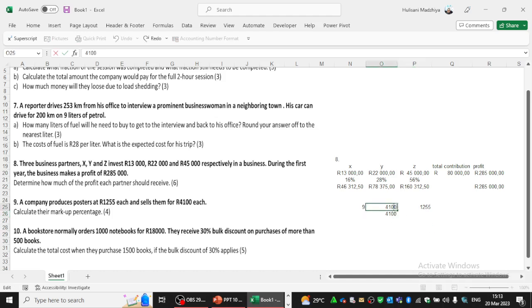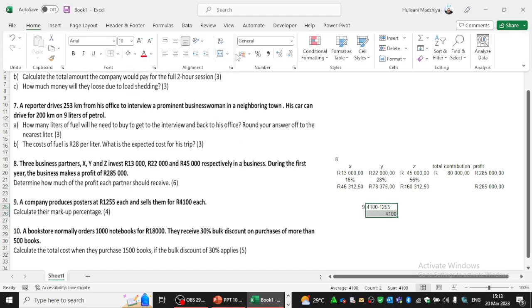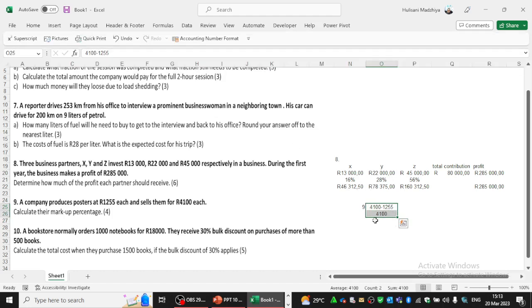Let me just do this here, minus 1,255. So all of this, this will be your answer, 4,100 divided by 1,000, and therefore whatever answer you get, you multiply it by 100. So that will give you your markup percentage.